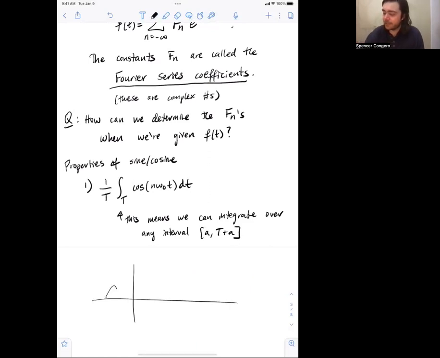Okay, and why does that make sense? Well, if I have some periodic function, which is where we're kind of going for this, and I want to integrate it, it doesn't really matter where I start and end that integral as long as it's got length of period, because then I'm always going to get the same answer, right? You're always going to be adding up one period's worth of your function, whether I move those bounds over here or where they just were.